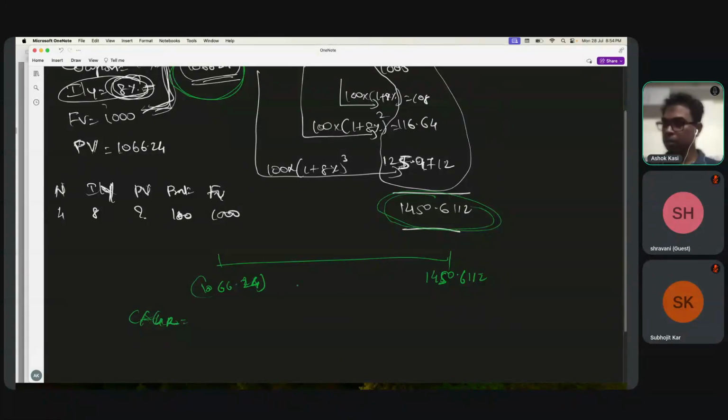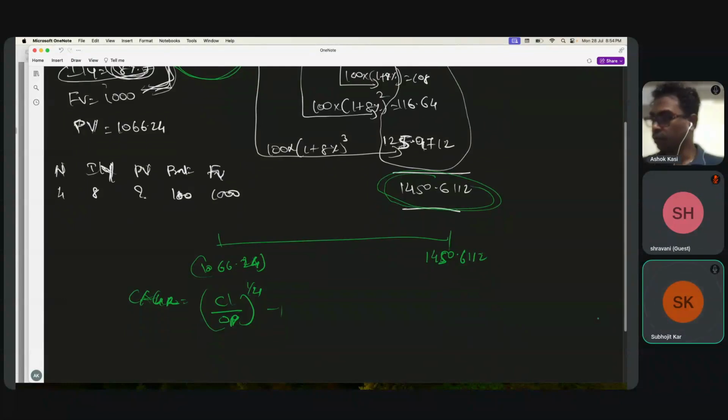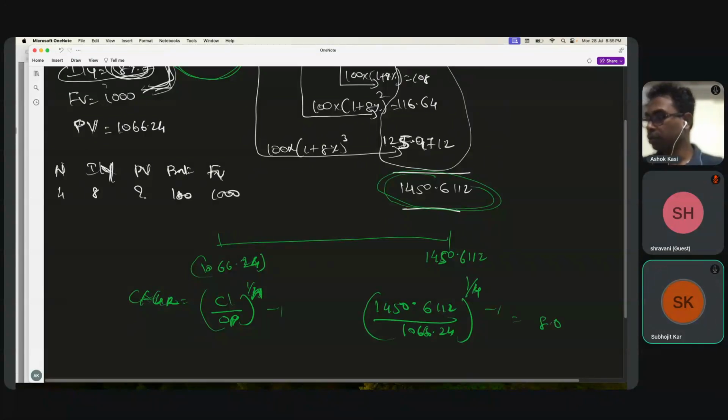If I want to calculate the per annum return that I have earned here, it is closing value divided by opening value, raised to 1 by n, which is 1 by 4 in this case, minus 1. So 1450.6112 divided by 1066.24, raised to 1 by 4, minus 1. It comes to 8.000006, which is 8 point 0 0 0 6 4238.